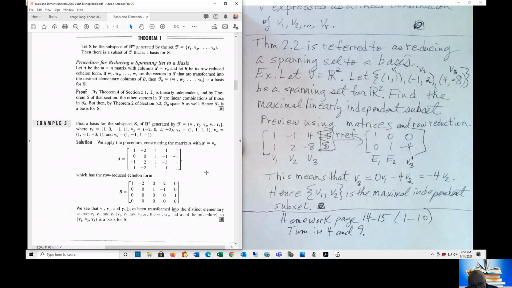So that means you want to throw away vectors v2 and v4 so that the three that are remaining, namely v1, v3, and v5, form a maximal linearly independent subset, and they form a basis for a subspace of R4 with those three vectors.